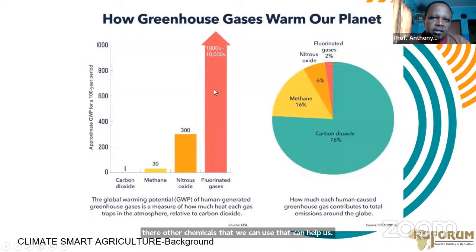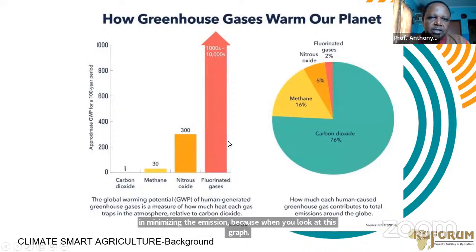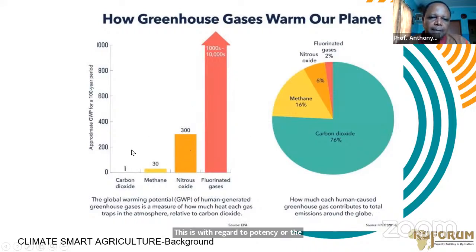Because when you look at this graph here, this is with regard to potency, or the ability of these chemicals or molecules to hold heat. When you take carbon dioxide as 1, the standard, methane can take up 30 times more.